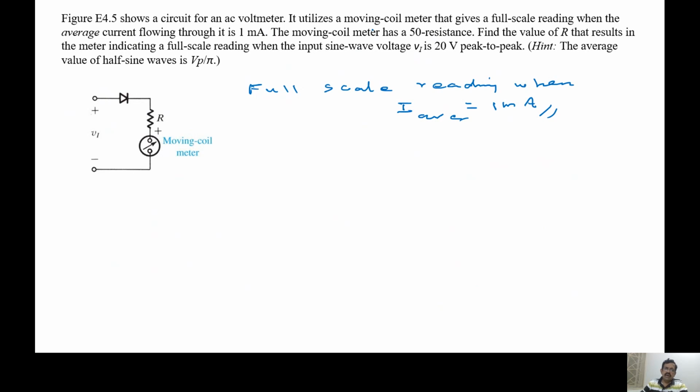The moving coil meter has a resistance of 50 ohms. Typically it is written in the symbol with small r, equivalent to 50 ohms. Find the value of capital R, which is here, that results in the meter indicating a full scale reading, which means corresponding to an average current of 1 milliampere when the input sine wave voltage is 20 volt peak to peak. So again, this diagram will help you to understand this.